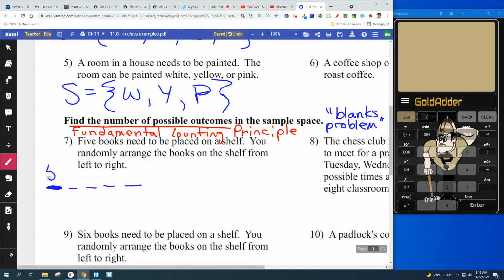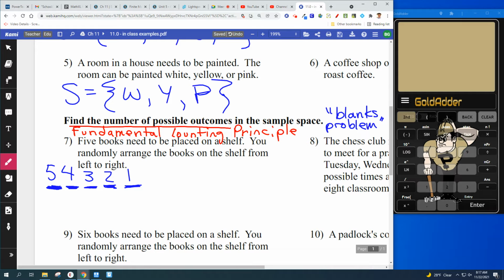There are 5. Okay. So you've got 5 different books. You can pick one of those 5 different books. All right. Now you pick one of those books and you put it on the shelf, and now you've got another blank. How many ways are there to fill in this? 4. Very good. And then the next one, there are 3 books left. And then the next one, 2. And then the last one, there's only 1 choice. You've got to do this.